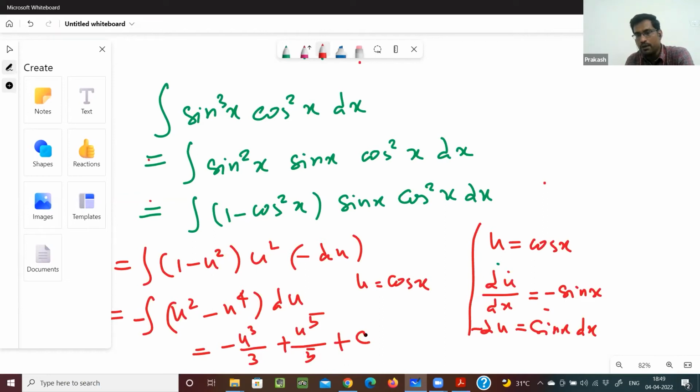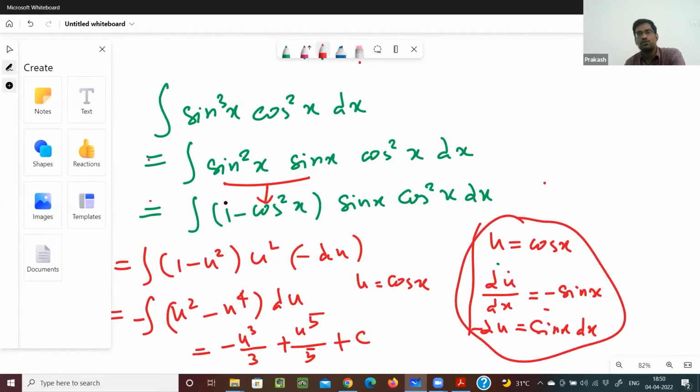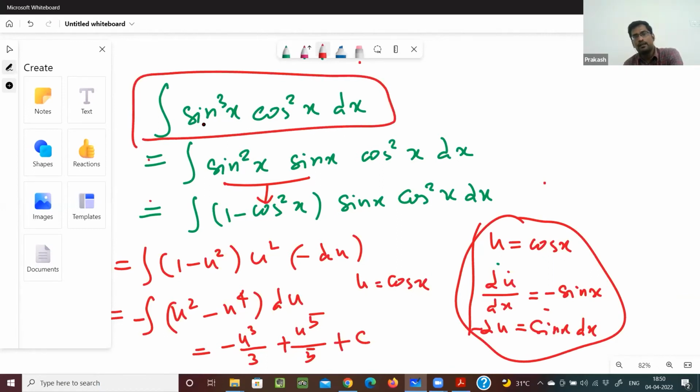So only here, how to split these terms, that is very important. If you know this substitution, we are using a very simple identity with the substitution. But you see, if you don't know this idea, then the evaluation of this integral is not easy.